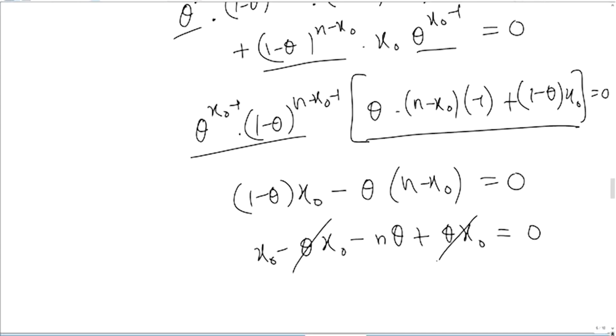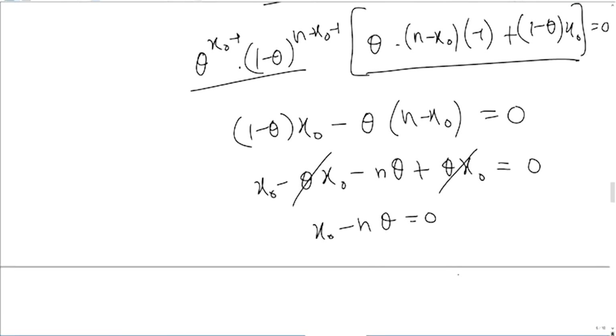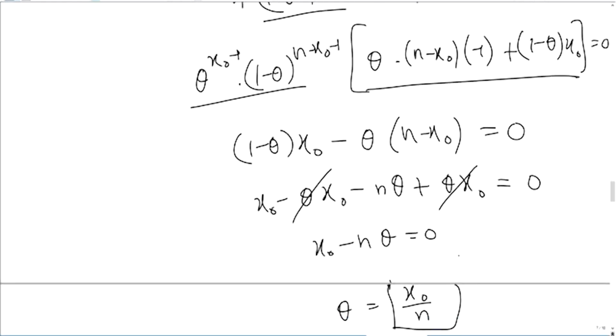This will cancel. What we have is x naught minus n theta equals 0. That means theta equals x naught by n. This is the maximum likelihood estimate of theta. So at this value of theta, the function would achieve its maximum value.